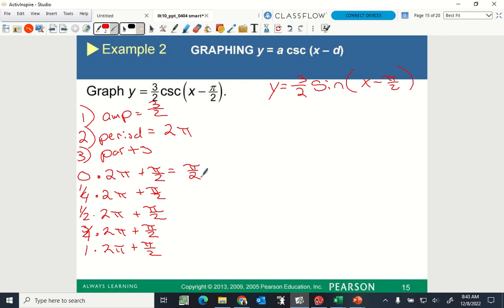Next one is a quarter times 2 pi, that's pi over 2 plus pi over 2, which is 1 pi. Do you guys get 1 pi on that one? Okay. Next one is going to be 3 pi over 2. Next one is 4 pi over 2, which is 2 pi. Next one is going to be 5 pi over 2.